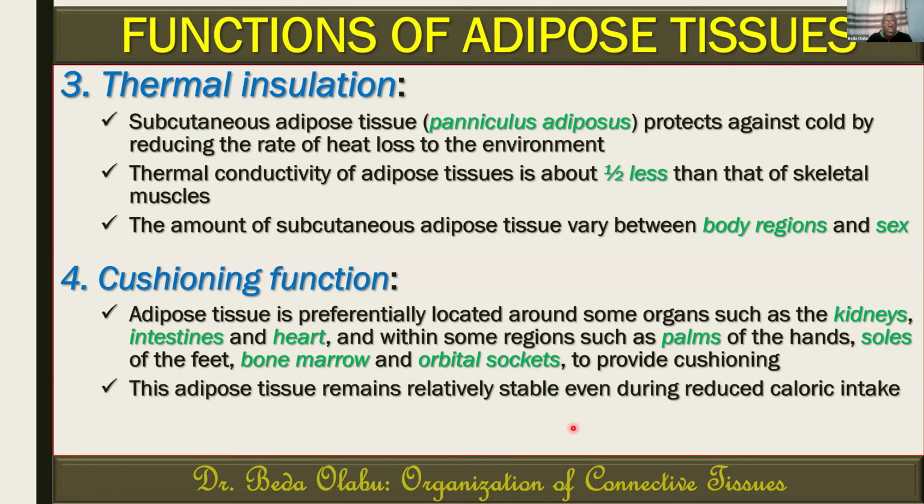It is interesting to note that the adipose tissue found in such regions, which are largely for cushioning, tends to remain relatively constant, even in situations of reduced caloric intake. This is not the first adipose tissue that will be recruited when we need to break down fat for energy.